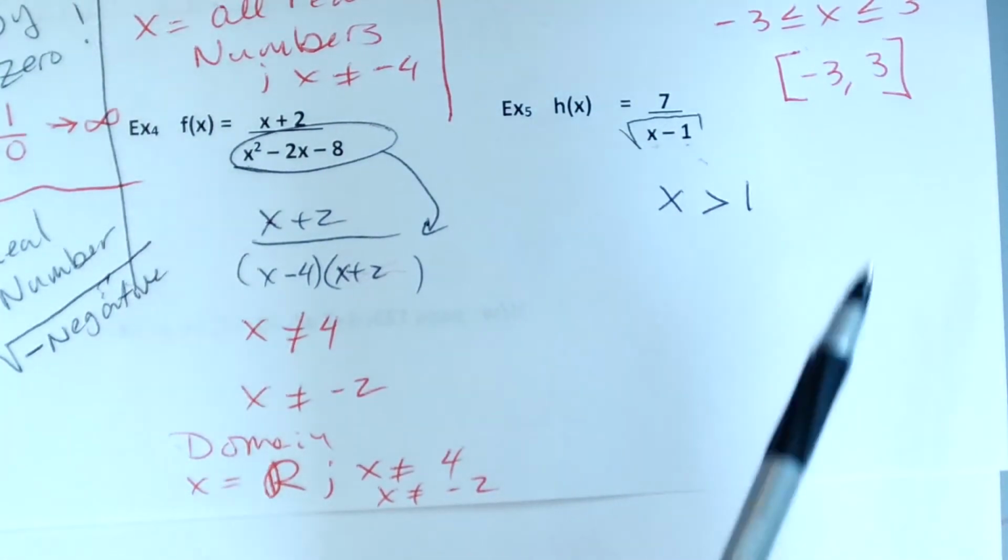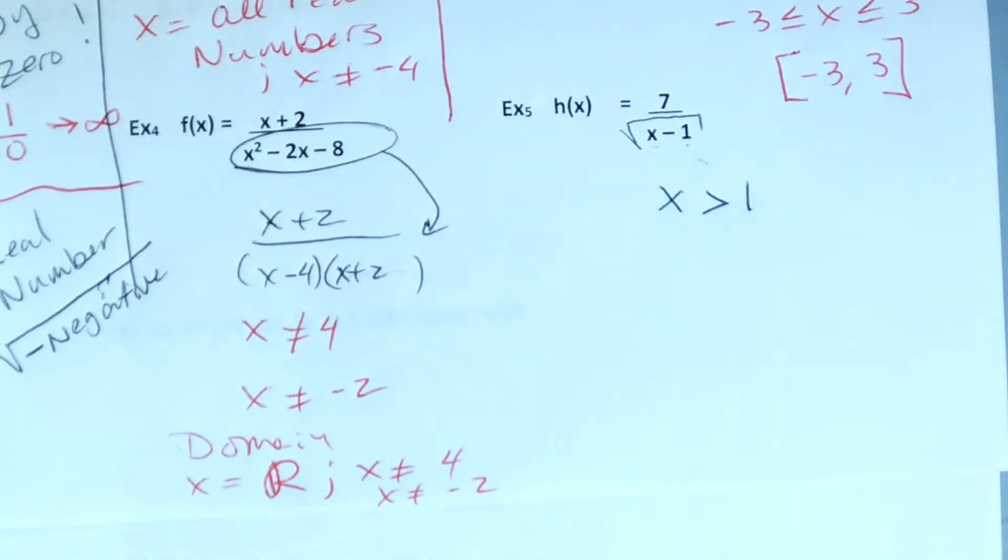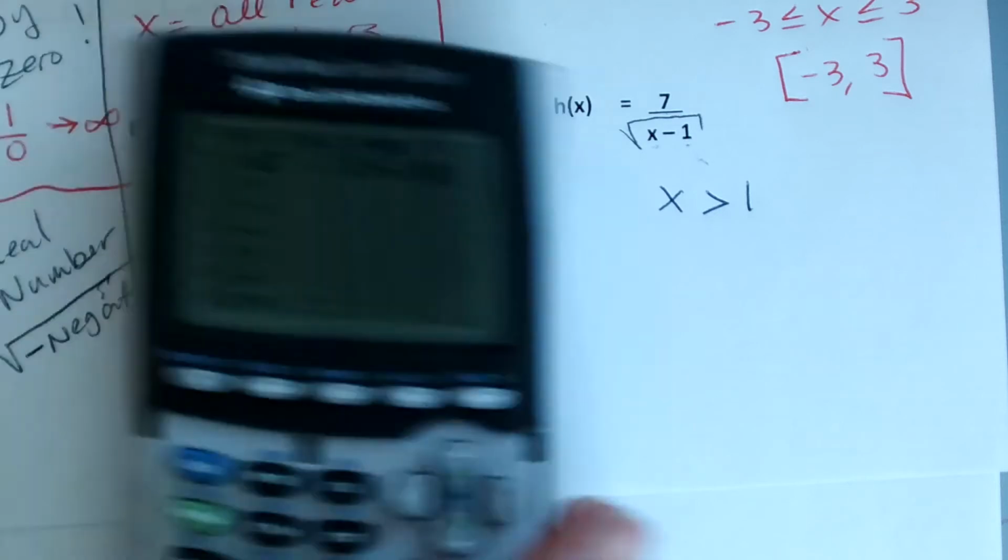Not equal to, because if it's equal to, then we get a 0 and you can't divide by 0. Okay? And if I looked at that graph, you guys will see it. Y equals 7 divided by parentheses, square root of x, subtract 1. Let's see what this graph looks like.